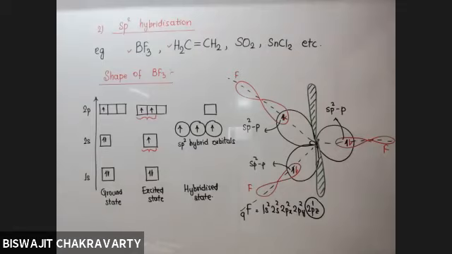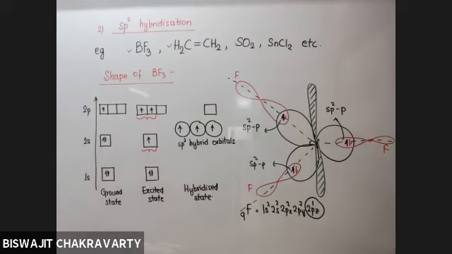Sir, this time it is MCQ pattern, so how will it come? It may be asked in various ways, the type of sigma bond present in boron trifluoride, isn't it? So if the basics are clear, then you can go for any type of question asked. Suppose it might be asked what is the type of hybridization of boron in BF3?